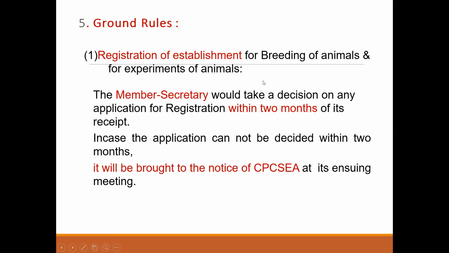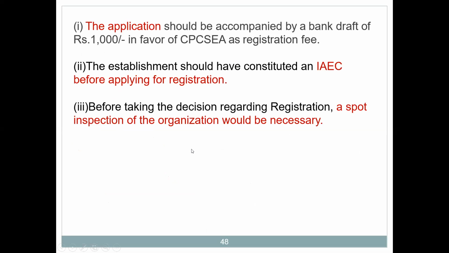So registration of establishments of breeding and animals. This we have already seen. Then the application should be accompanied by a bank draft. So if you want to submit any application or research proposal, right? So the fee is 1,000, right? This is the registration fee for the CPCA, right?